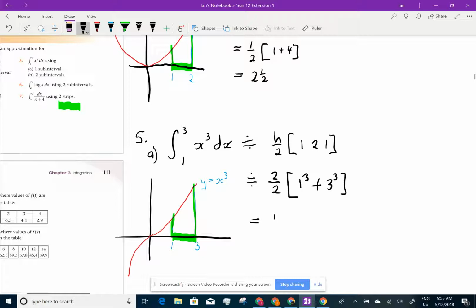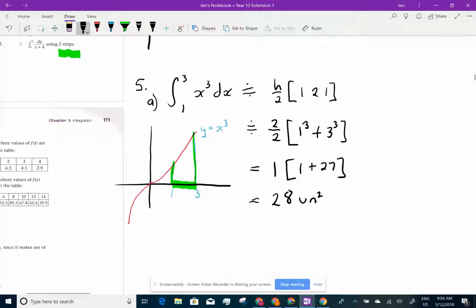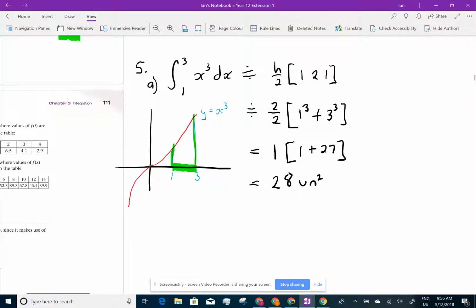And we get 1 times 1 plus 27. So the area is 28. By the way, I should be putting units squared because I'm finding the area.